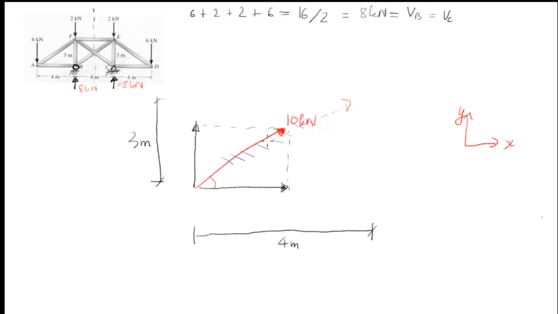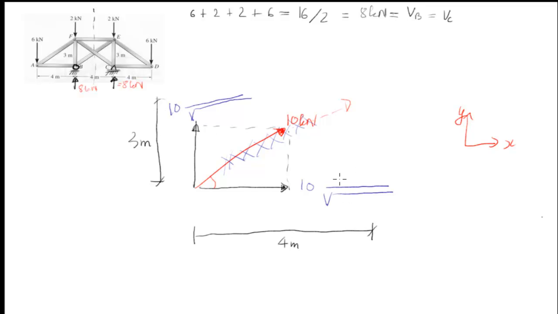We ignore this one, we cross it out, and he gives something to his sons. So the sons have something in common with the 10 kN force.